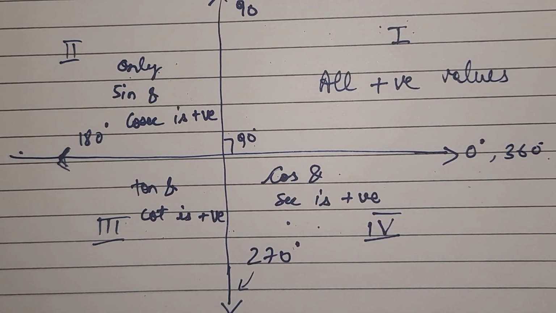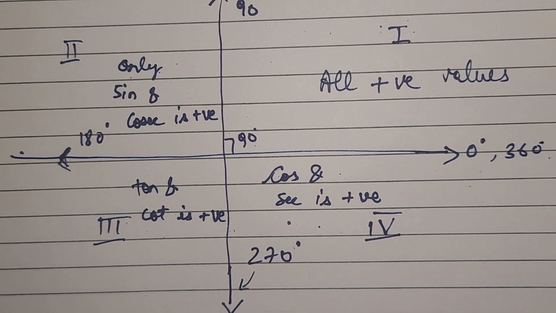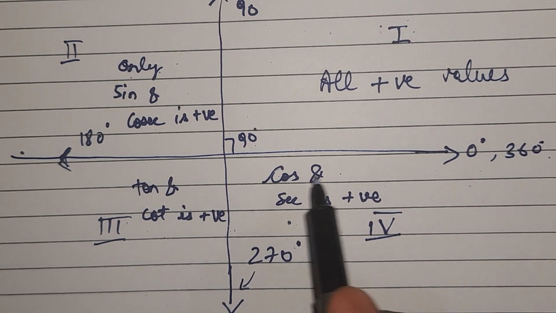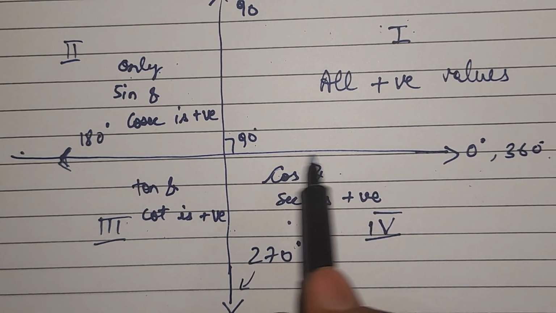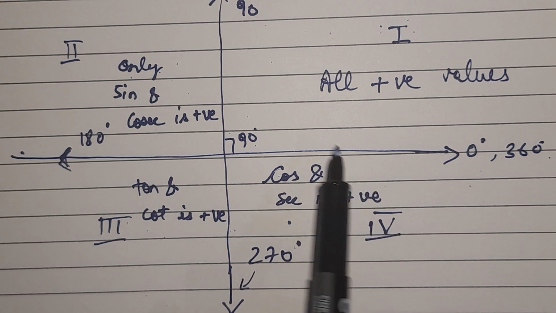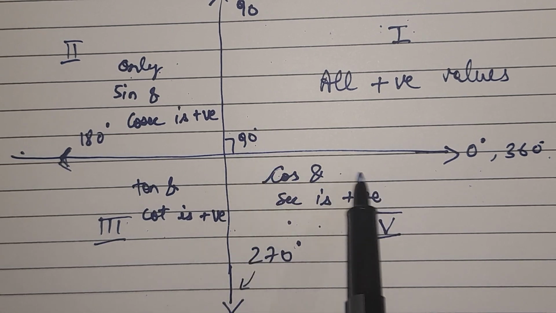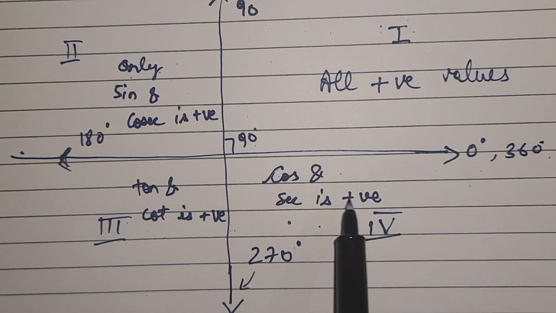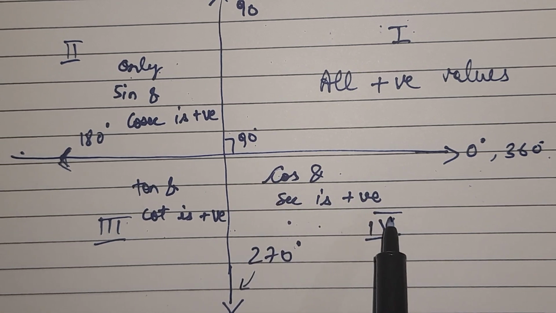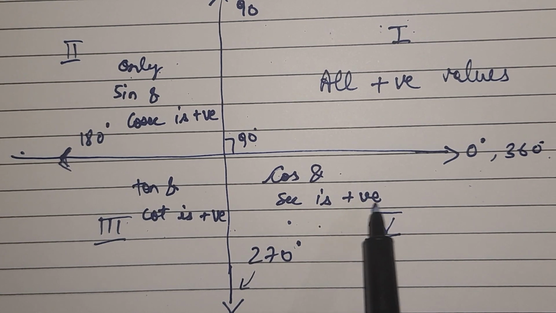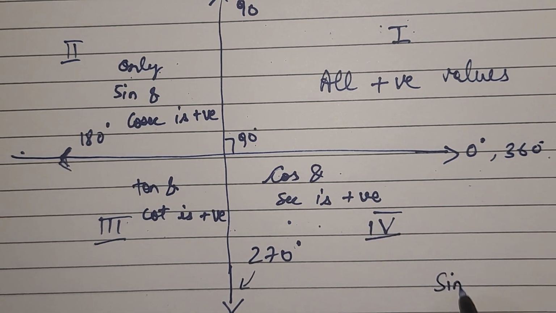Similarly, if I ask you whether sine minus 30 is positive or negative, then you know sine 30 is in the first quadrant, so the minus angle will lie in the fourth quadrant, and in the fourth quadrant the sine value is negative. Only cos and sec are positive. So sine minus 30 is negative.